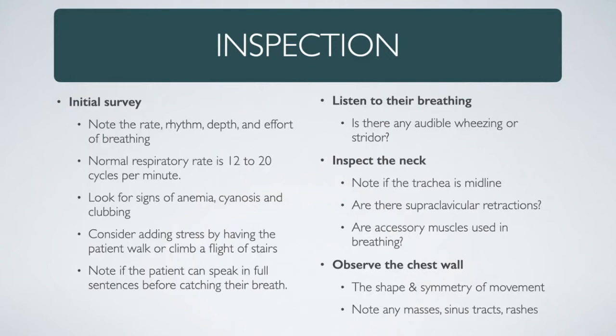Note if the patient is able to speak in full sentences before catching their breath. This will also help you differentiate if your dyspnea or your chest pain is coming from a particular portion of anatomy.